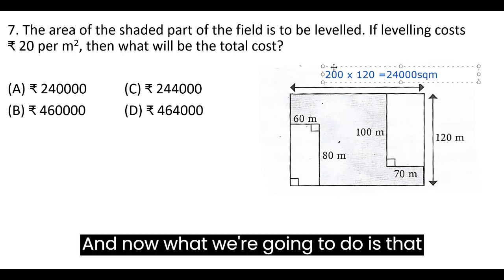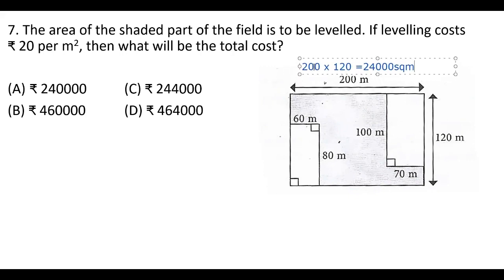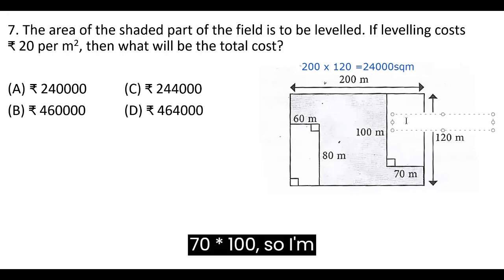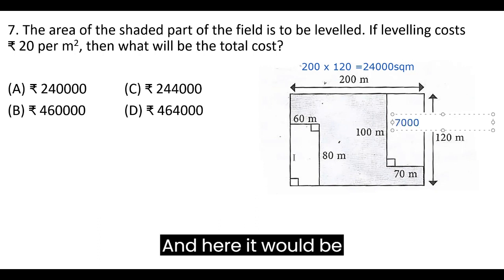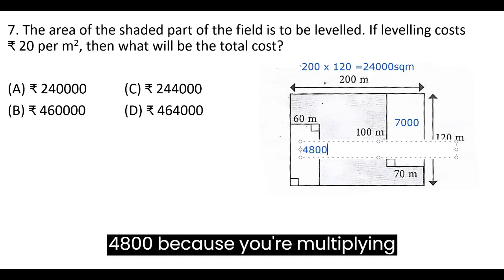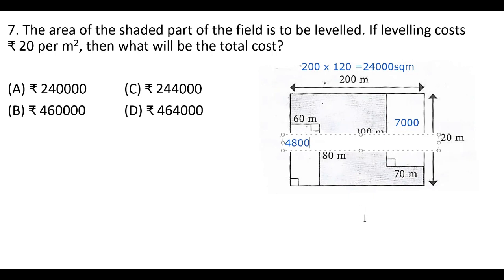And now we're going to find the area of this rectangle, which is 70 times 100. So I'm going to directly write 7,000 here. And here it would be 4,800 because you're multiplying 60, which is the breadth, with 80.